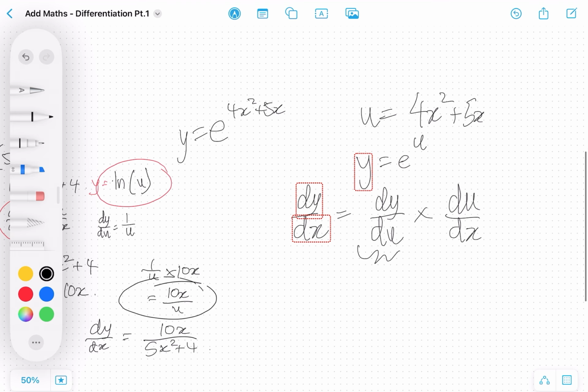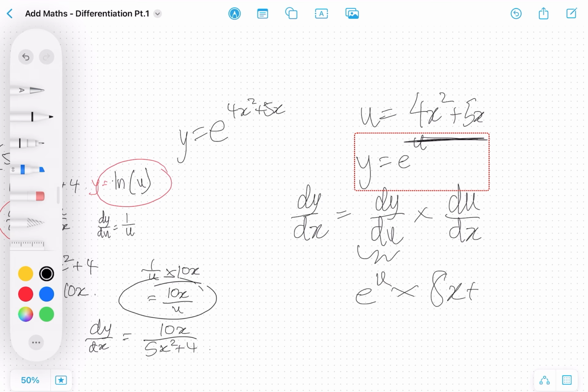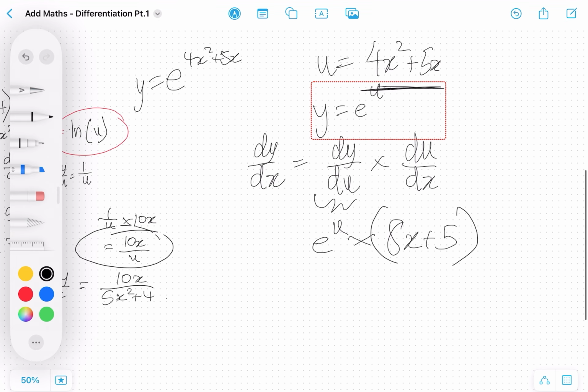dy by du is the derivative of y equals e to the power of u, which, as we know from the rules, remains e to the power of u. And then du by dx, the derivative of 4x squared plus 5x, gives us 8x plus 5. One final thing to do is to substitute the u back into our equation.